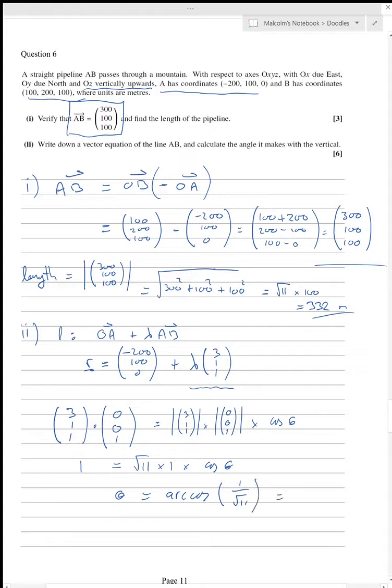Chuck that in the calculator and hopefully get a sensible answer. Make sure that the calculator is on degrees mode, because otherwise that's going to ruin my day. And I've got 72.5 degrees to the vertical, which seems all right. All right, question 6 done.